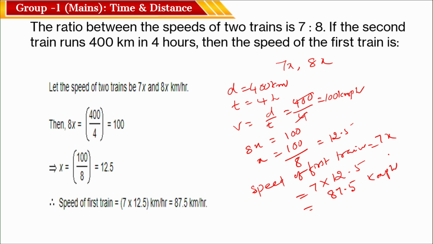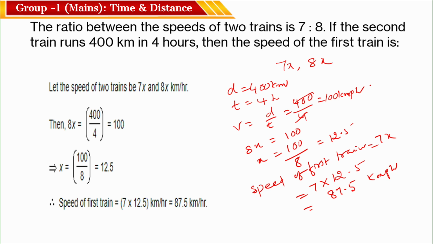Clear? So like this you can find the speed of the second train. Do you understand? So the speed of the second train is 100 kilometers per hour and the speed of the first train is 87.5 kilometers per hour.